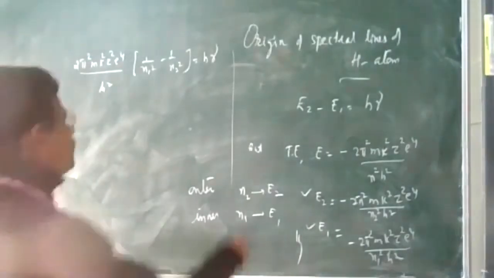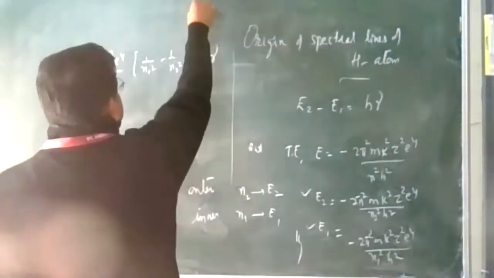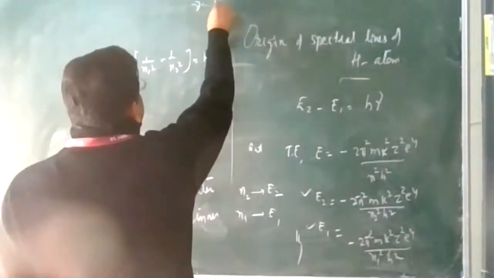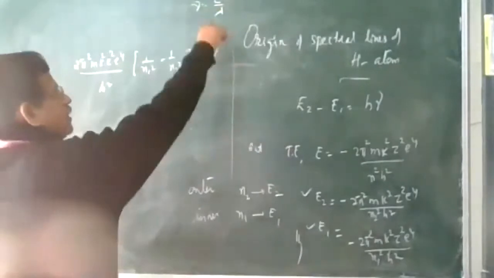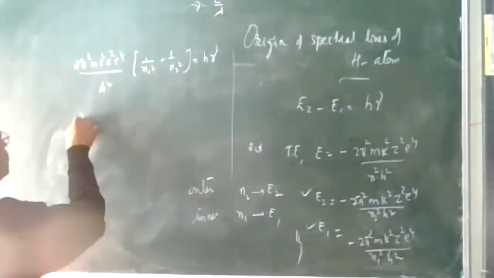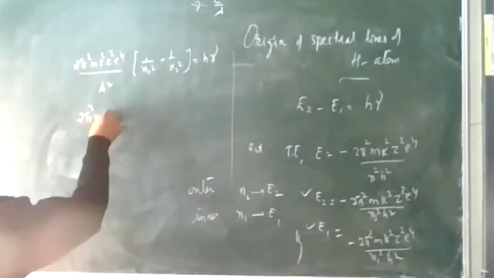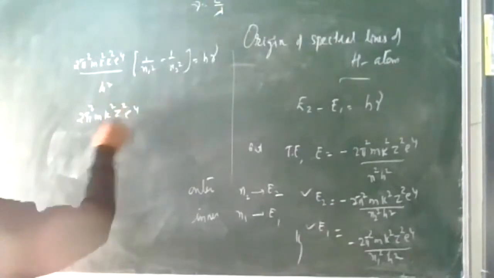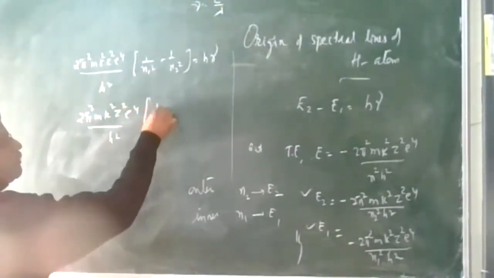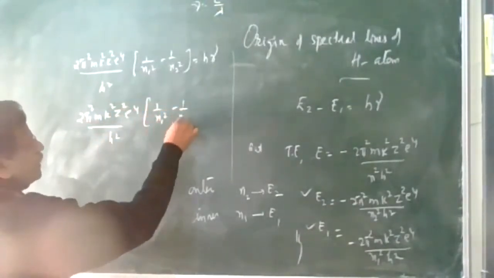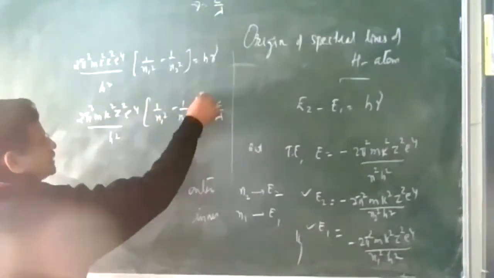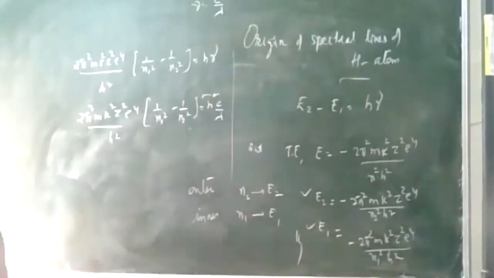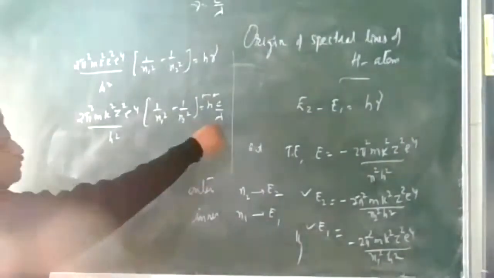Frequency ν will be converted as c by λ. So the next step is frequency c by λ. In the same equation, 2π² k² z² e⁴ divided by h² into 1 upon n1² minus 1 upon n2² is h into c by λ. h and c come to the denominator, so we get 1 by λ.